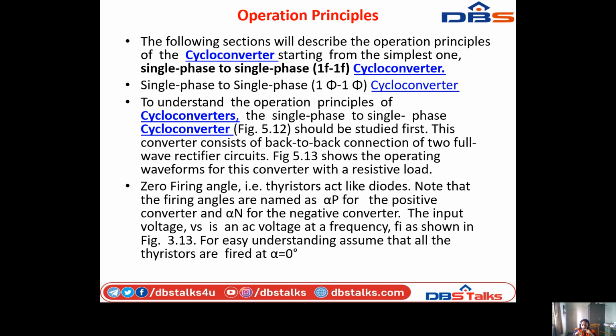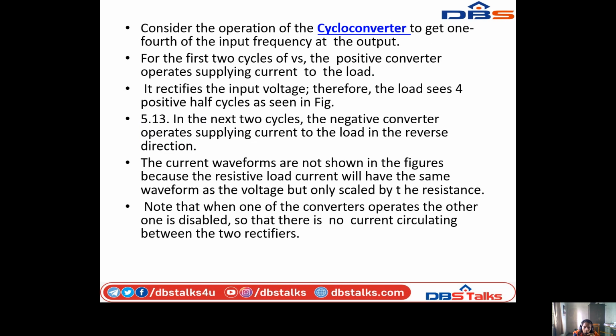Note that the firing angles are named alpha P for the positive converter and alpha N for the negative converter, and the input voltage will be Vs, an AC voltage at a frequency of Fi. For easy understanding, the thyristors will be fired at alpha equal to 0.